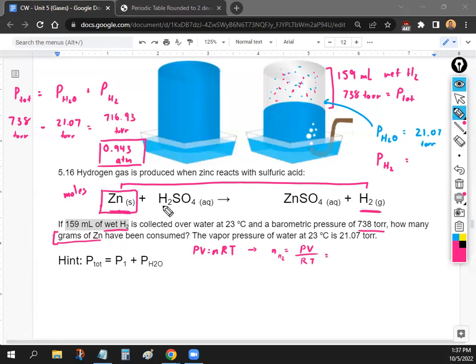Which means in order to go from H2, which we have all this information about, we need to find the moles of H2 gas, and that way we can convert it into moles of zinc. Does that make sense? So we're using the ideal gas law to find n, because we have pressure, volume, and temperature, and that way we can find moles and then convert to moles of zinc.